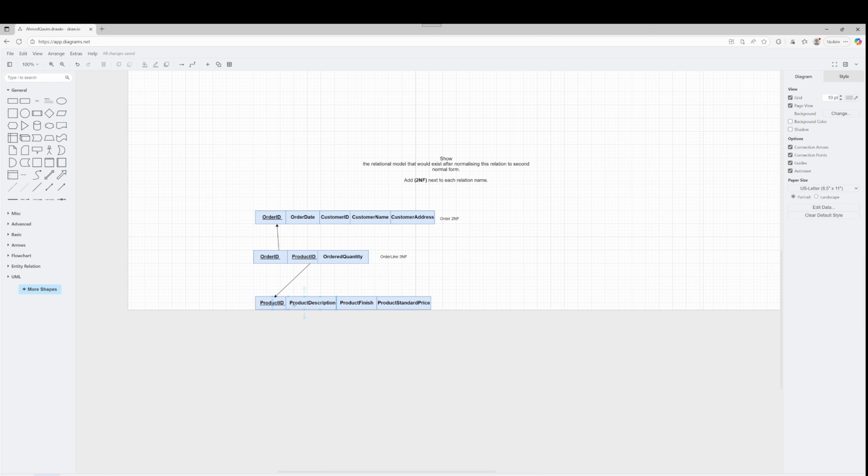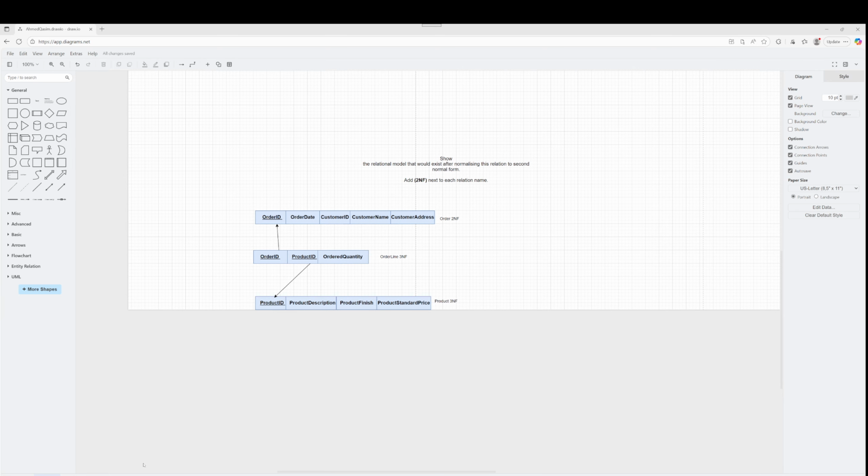This one is also in the third normal form because it doesn't have any transitive dependency. I'm going to call this product, and this is in the third normal form. Now what we need to do next is identify.